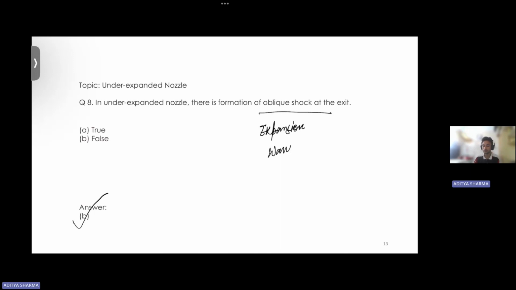All right. So question number 9. Question number 9 is on supersonic wind tunnel. It says a supersonic wind tunnel is designed to compress a stagnant gas to supersonic speeds. So whether this question is true or false.